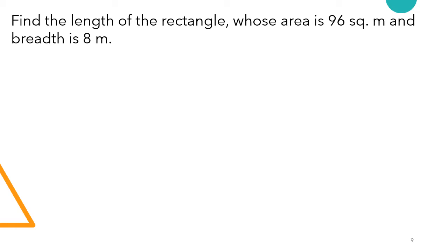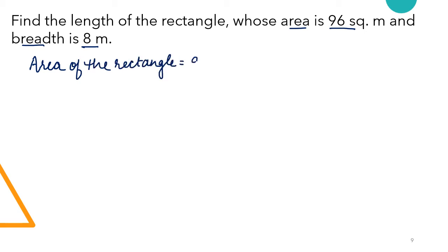Next question is, find the length of the rectangle whose area is 96 square meter and breadth is 8 meter. So here the area of a rectangle and the breadth of the rectangle are given to us. So the area of the rectangle is equal to 96 meter square. Breadth is equal to 8 meter. Now we know the area of a rectangle is equal to length into breadth.